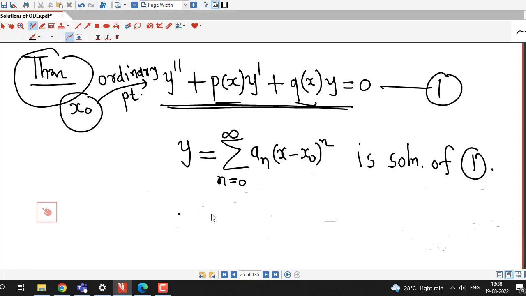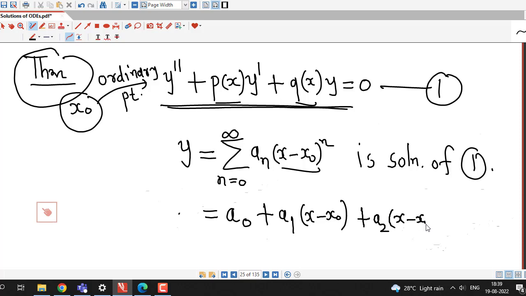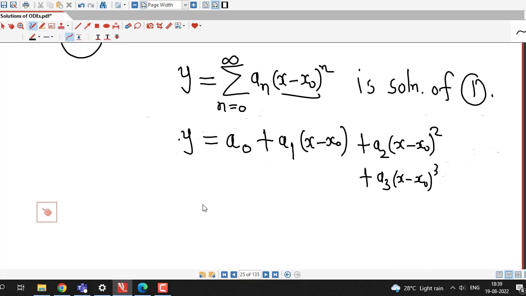So if we write this by expanding, for n equal to 0 we have a0 times (x minus x0) raised to 0, that is 1, plus a1 times (x minus x0) plus a2 times (x minus x0) square plus a3 times (x minus x0) raised to 3. Now this x0 is known to us.